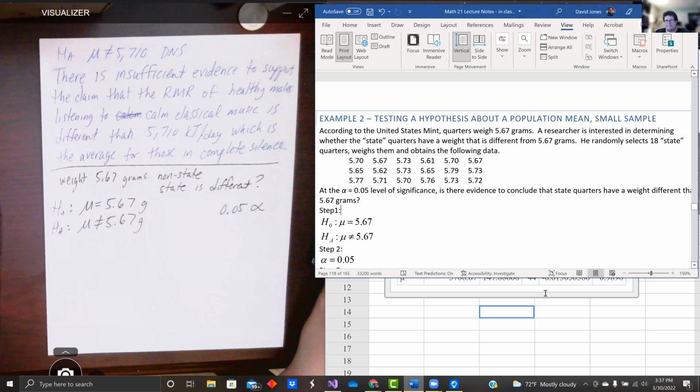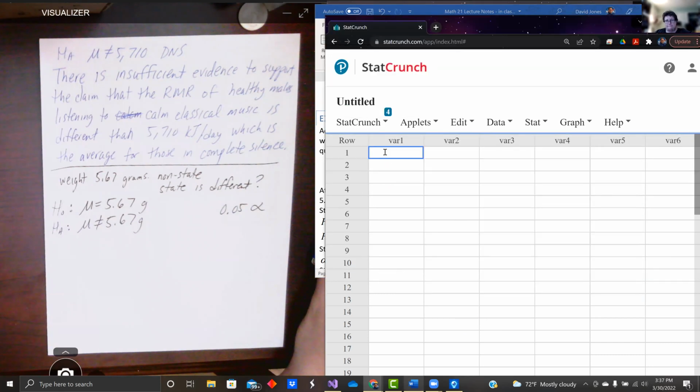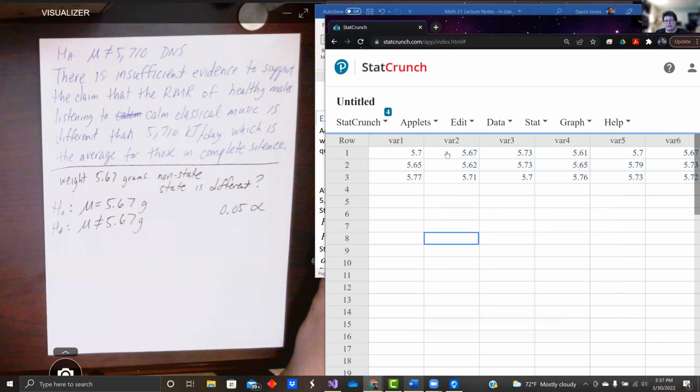And I'm just going to hope that I can paste those numbers in here. Control V. That doesn't look like it's going to work, but gosh darn it, I guess I can slowly move them all over.